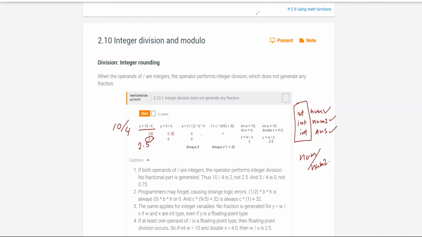I said there's less to store in the memory. Yeah, so when we were talking earlier about how these things are stored in the memory, right? Floating point numbers have three pieces: one is the sign, one is the exponent, and the mantissa, right?